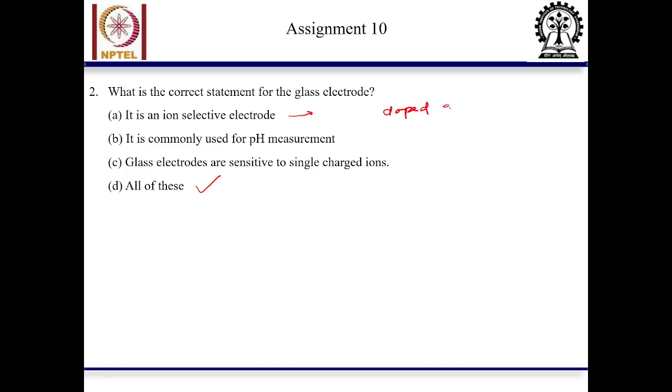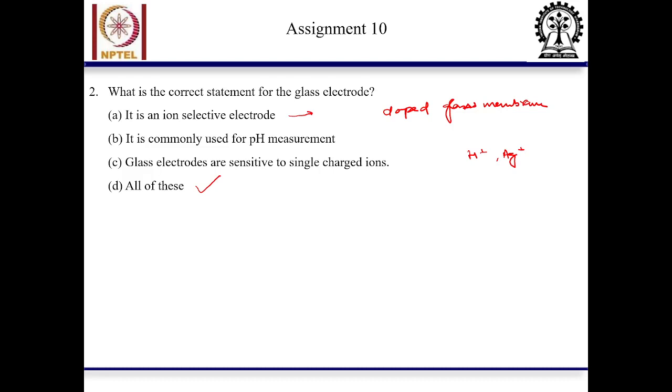These are sensitive to single charge ions like proton or silver ion, and there are many other glass membrane electrodes which are sensitive to ammonium ion, cesium ion, rubidium ion.